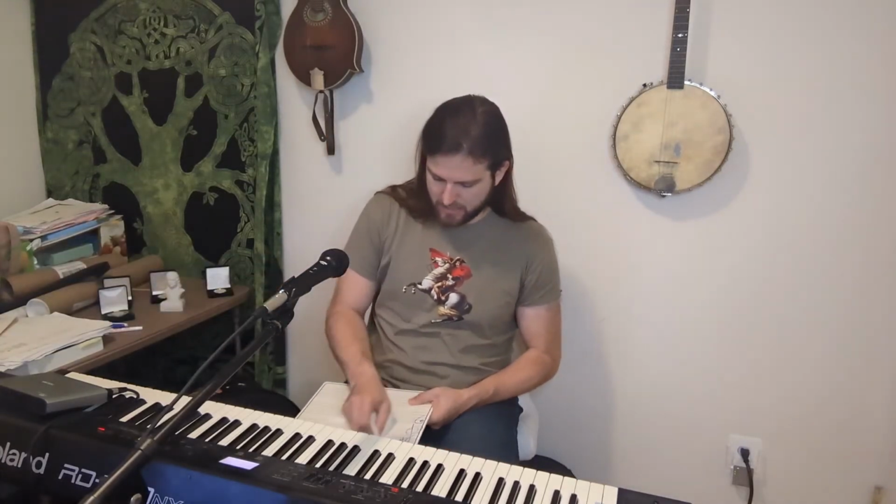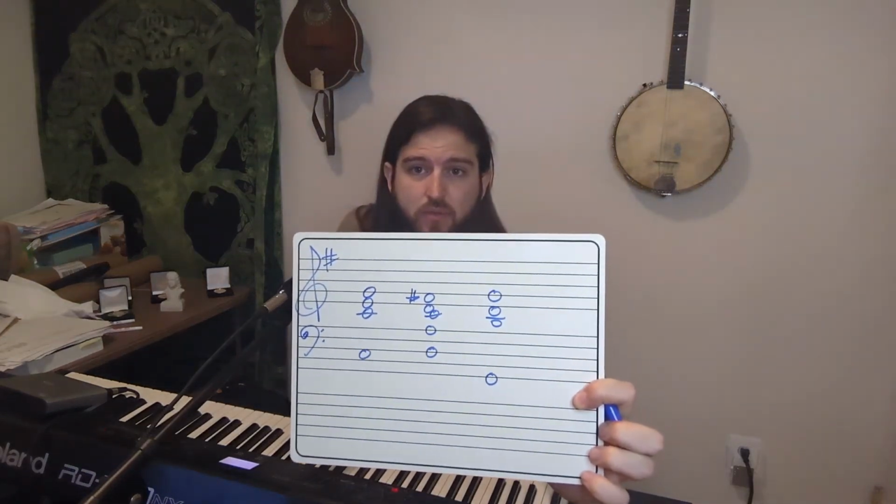Let's take a look at it on the board here. If it were a C chord, it would be C, E, and G. Again, we're doing these examples in the key of G. There's no one way to do these, right?